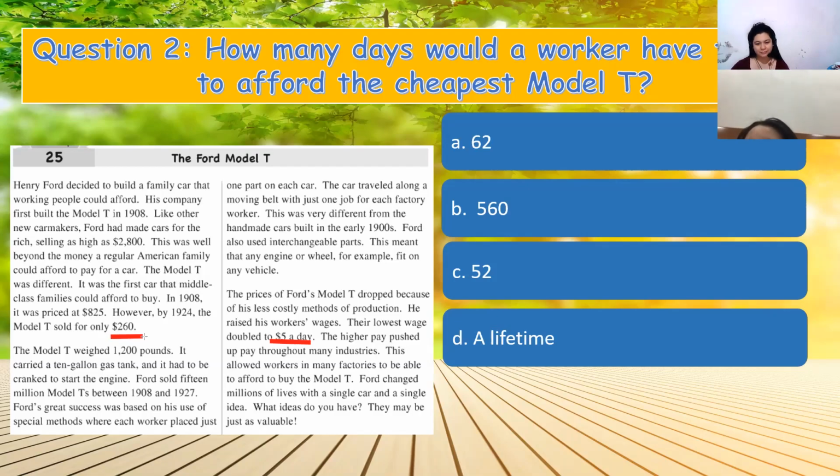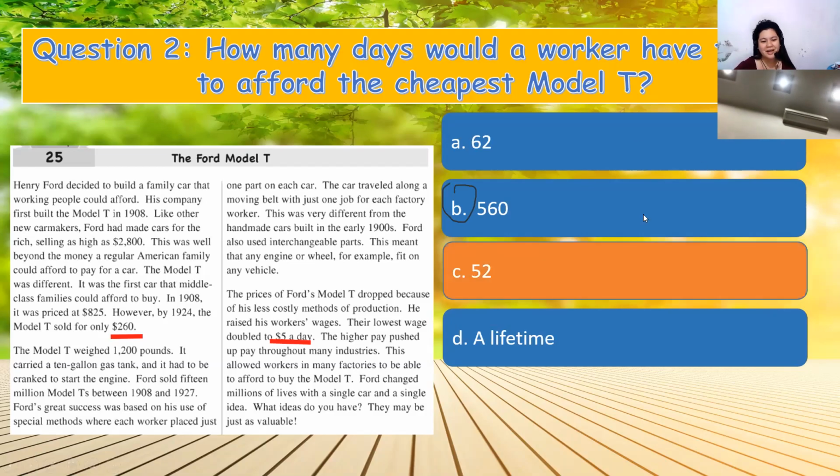B. Can you encircle your answer? Letter B. Oh no, it's 52. Okay, let's try.